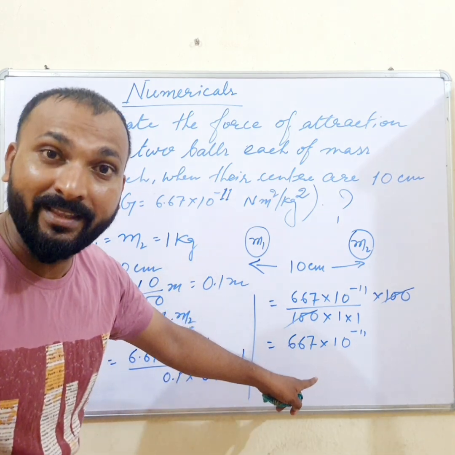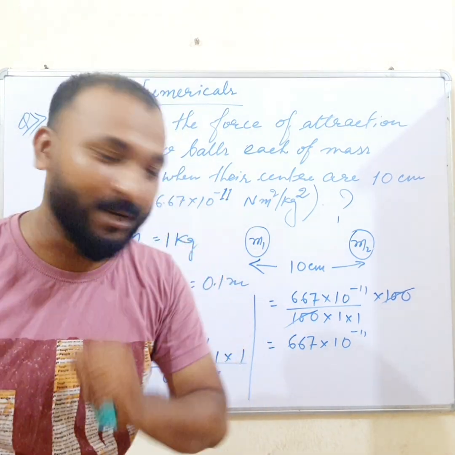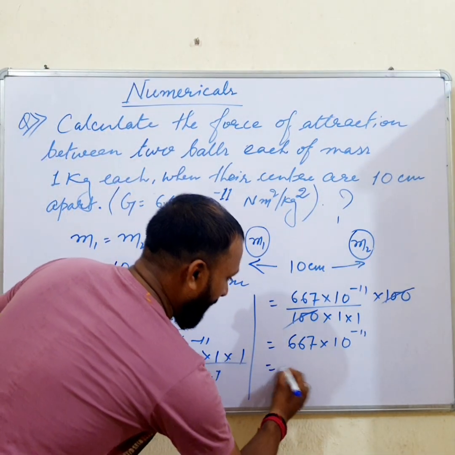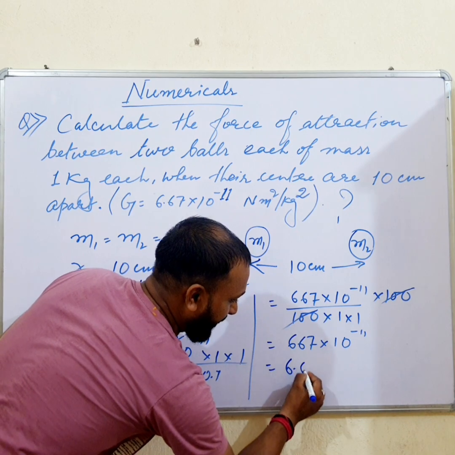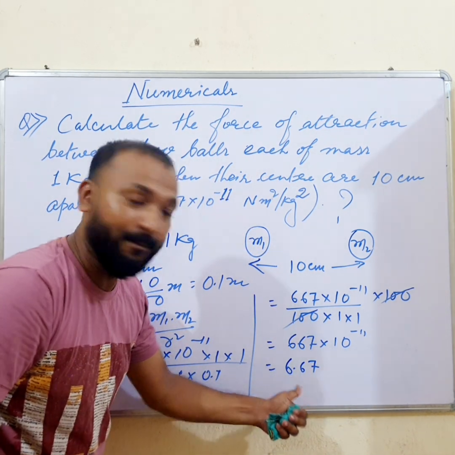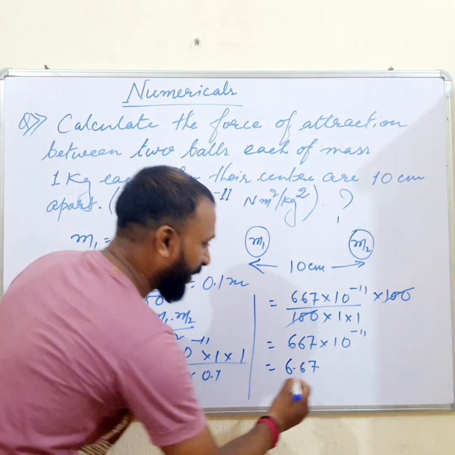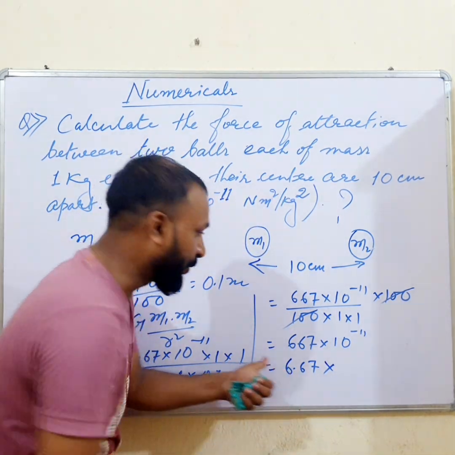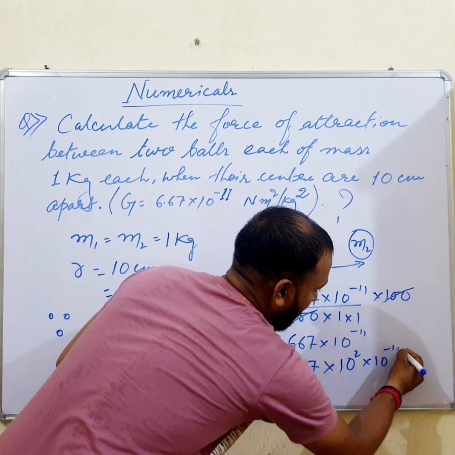But it is not in the standard unit. You have to convert it to the standard unit. So ultimately, here will be 6.67. How did it come? By dividing by 100, so you have to multiply by 10 square. That means here will be 10 to the power 2 into 10 to the power minus 11.